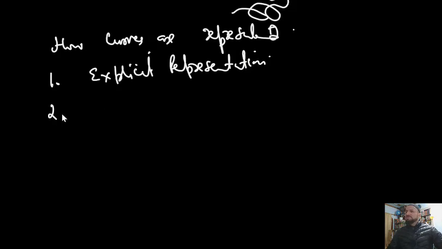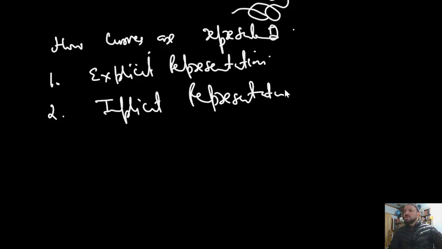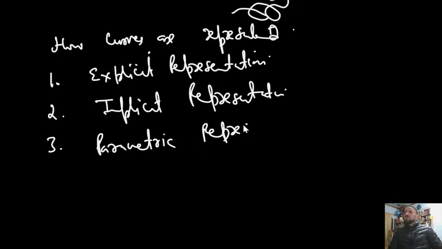Number two, we have what's called an implicit representation. And number three, we have what's called a parametric representation, where we use a parameter. So we have explicit, implicit, and parametric.